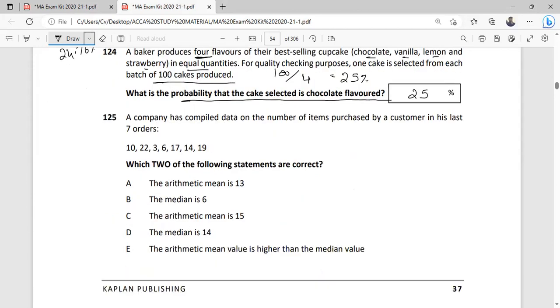Next one is a company has compiled data on the number of purchases by a customer in his last 7 orders. These are the 7 orders. Which of the following two statements are correct? The arithmetic mean is 13.